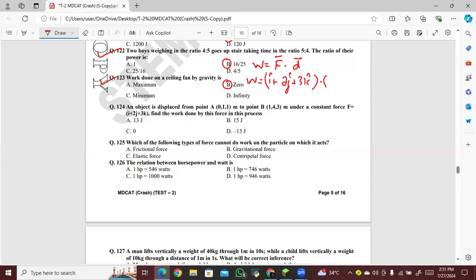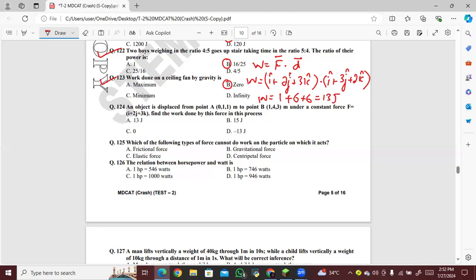You have to make displacement: 1 minus 0, 1i plus 4 minus 1, 3j plus 3 minus 1, 2k. And as I previously discussed, you just need to multiply same factors, that is 1 into 1, 1 plus 2 into 3, 6, 3 into 2, 6. So it's plus 13 joule.